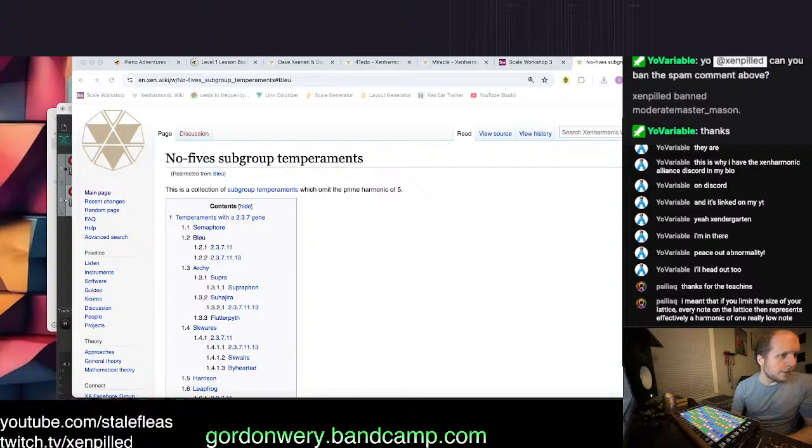If you limit the size of your lattice, every note on the lattice then represents effectively a harmonic of one really low note. Yeah, if every interval represents the harmonic of one note, then it's primodal. Basically, as far as I understand, there's no difference between primodality and just playing a harmonic series.